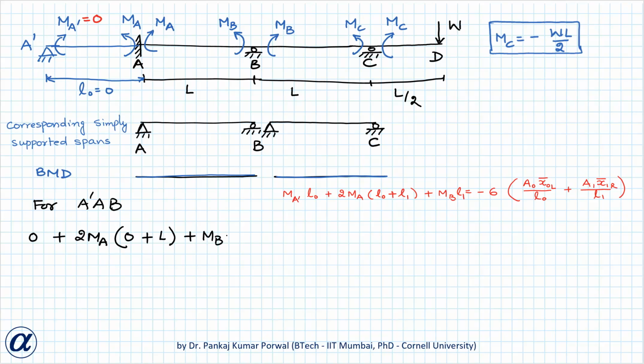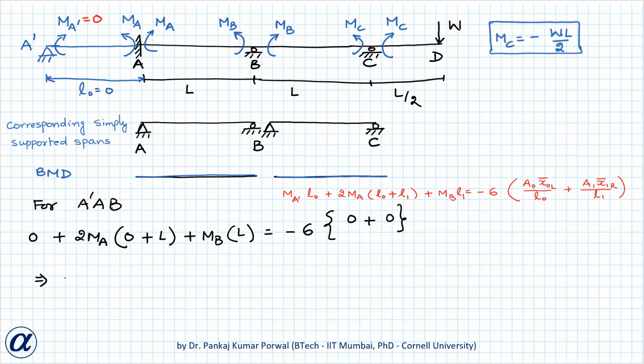And note MB will not be 0 because it is bending moment at interior roller support, into L1 is capital L equals to minus 6 into A0 x0 bar, which will be 0 because everything for the imaginary span is 0, plus A1 x1 bar, which will also be 0 because bending moment diagram for span AB is 0.